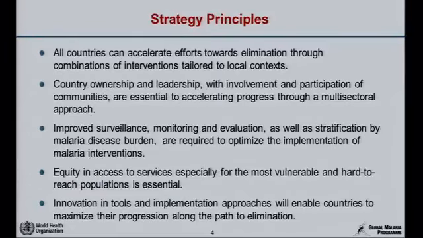We did establish a set of guiding strategy principles that hopefully inspire the document and the strategy. First one, that all countries can accelerate their efforts towards elimination. And I'd already like to highlight a word that will be coming throughout the document. That's the word accelerate.